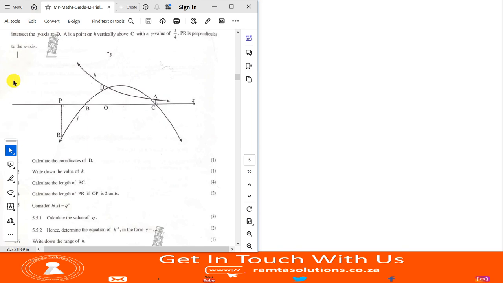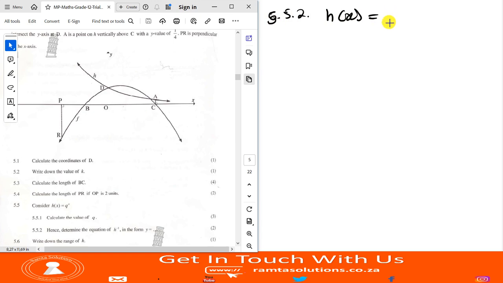5.5.2. It says, hence determine the equation of H inverse. The equation of H of X was half to the X. So reflecting on Y equals X, what does it mean?